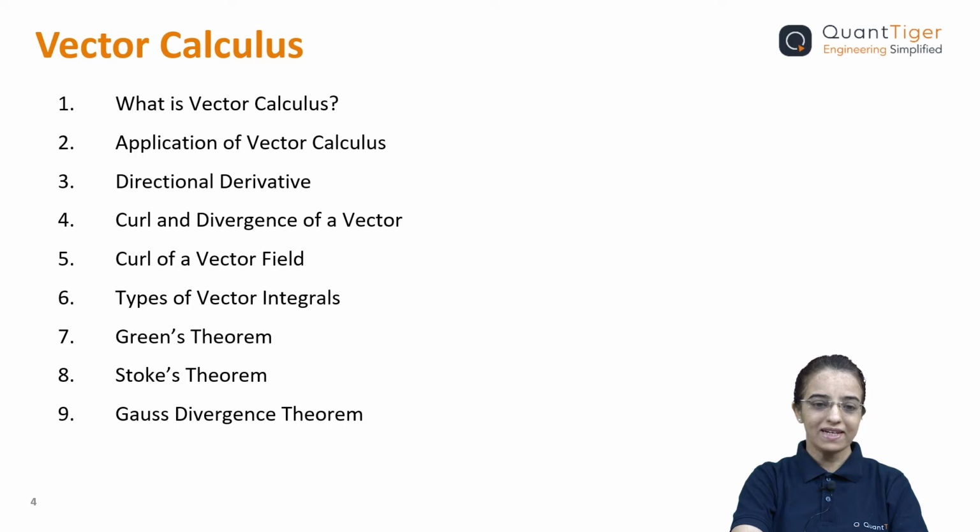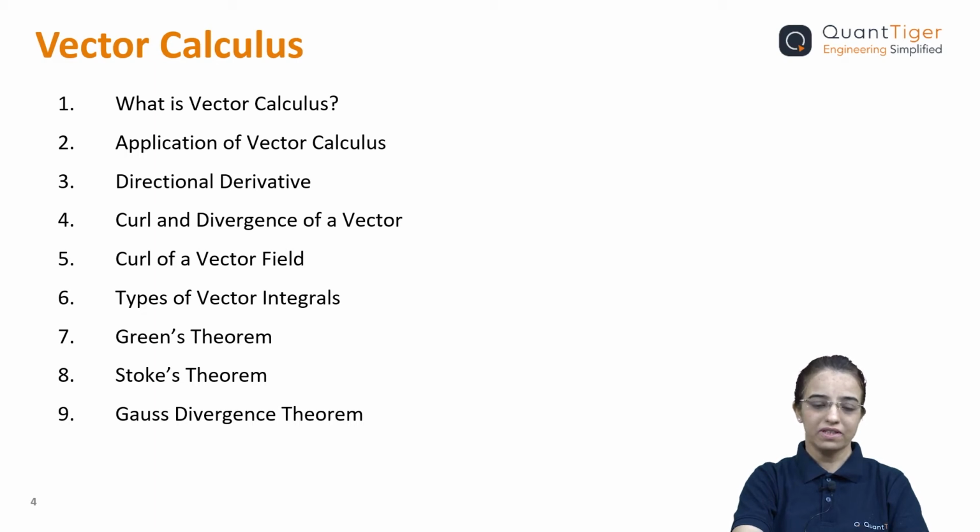I have listed here the topics which are included in vector calculus. First of all, we will learn what vector calculus is, then its applications, then what a directional derivative is, then curl and divergence of a vector, then curl of a vector field, then types of vector integral.